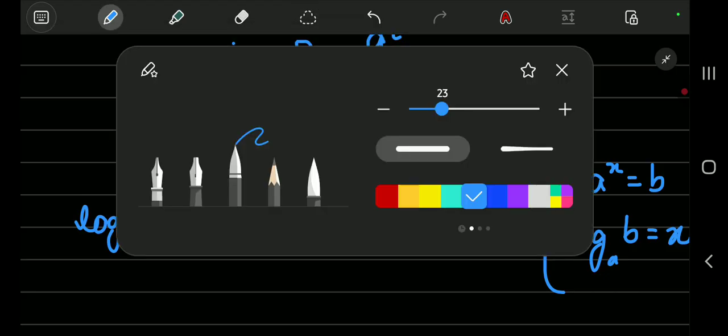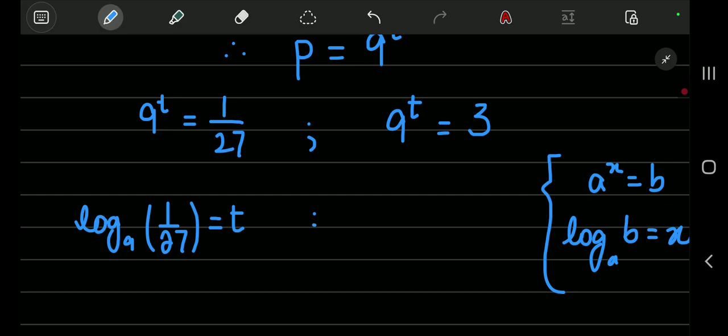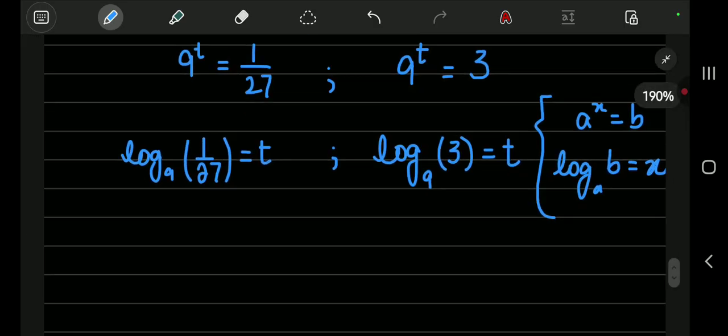For the second part, we will be having log with base 9 of 3 equals t. Solving it out, we will get t. So t will be equal to 1 over 2, and t will be equal to minus 3 over 2.